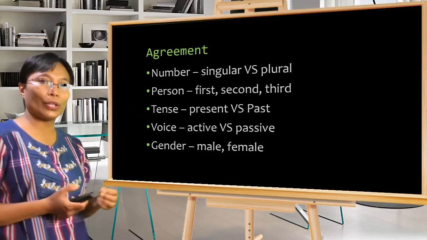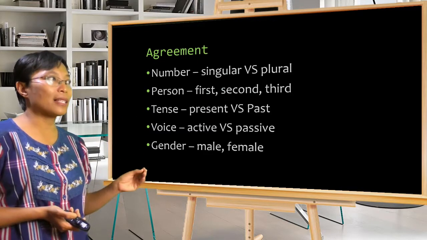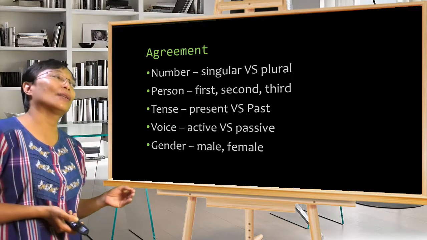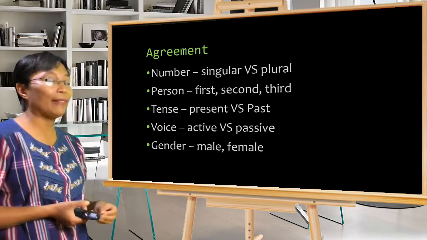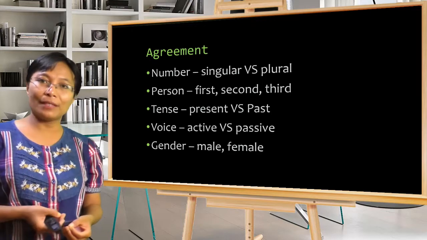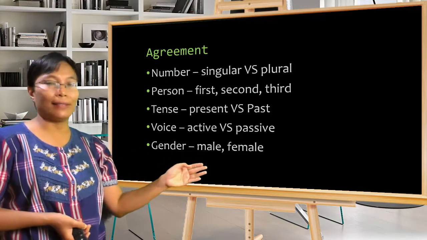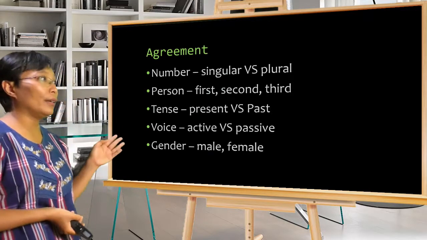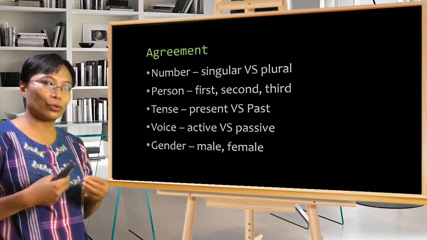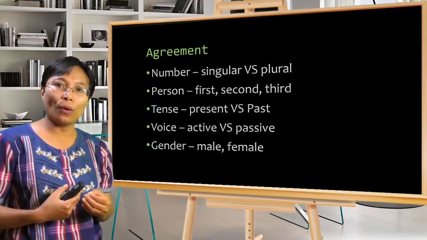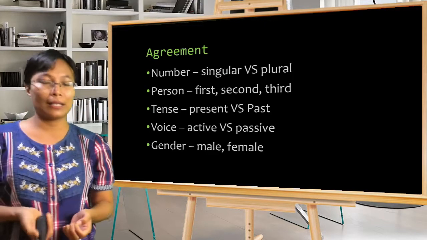And then when we are talking about tense, you have present and past. And then when we are talking about voice, we have active versus passive voice, and also related to gender, we have male and female. So they are the agreements that we need to recall every time you're talking about syntax.